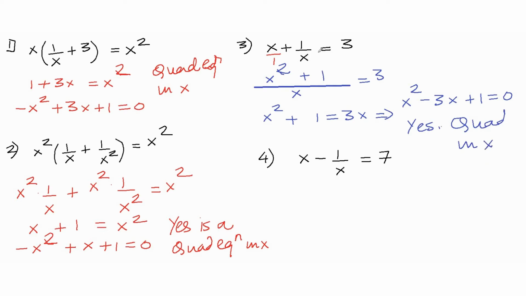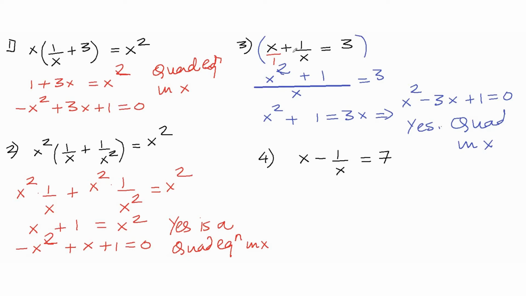So what I'm trying to tell you here is, specifically in the third question, you might think that this is actually a linear equation, right? It seems like it is a linear equation because the highest power of x is 1. But you should always simplify that particular equation, find the LCM, and make sure that you group all terms on one side so that you can decide whether it is a quadratic equation or a linear equation or something else.